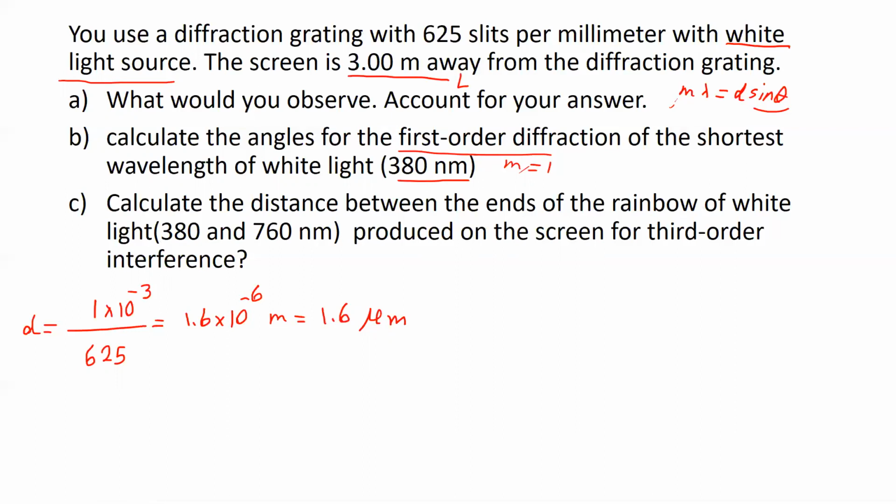If we have a screen like this, this is the central maxima, and then we have separated different colors. Let's say here we have red, here we have violet. They're asking us to calculate the distance between violet and red for third order interference. Let's see how we can solve this part.